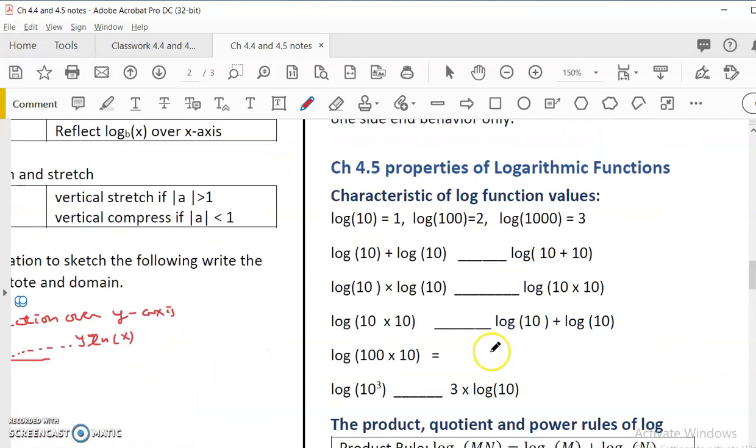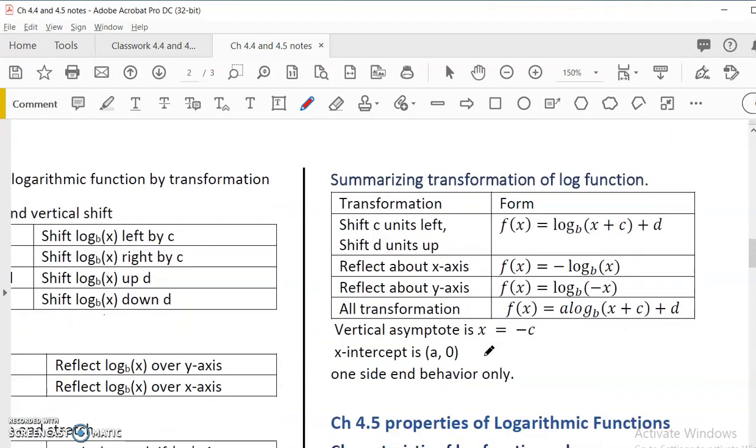So that is graphing and summarizing the transformations of log functions. If you see things adding and subtracting inside, the inside is left and right, the outside is up and down. Negative is reflection, and if you have an a outside, that is a vertical stretch.